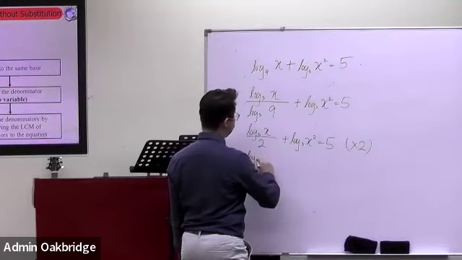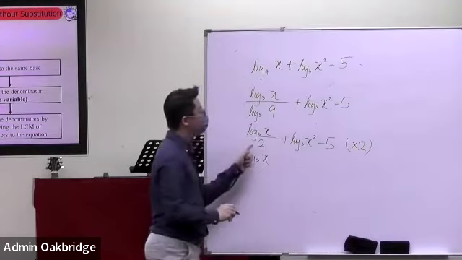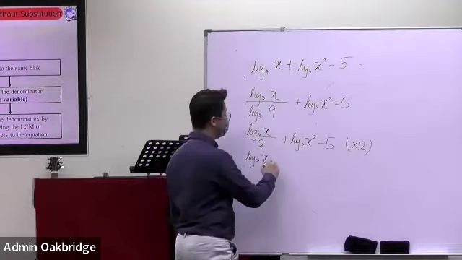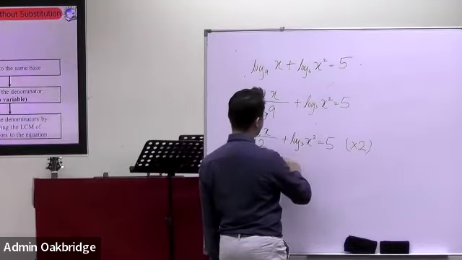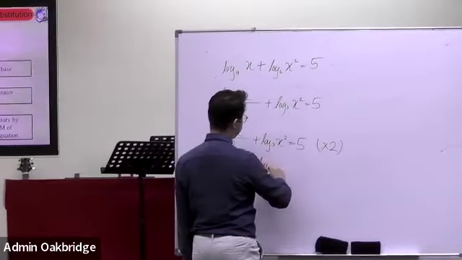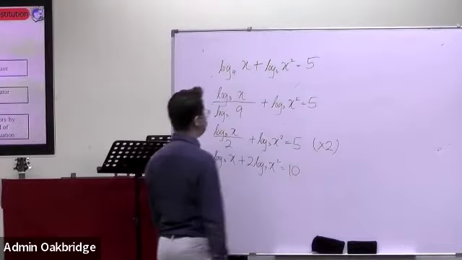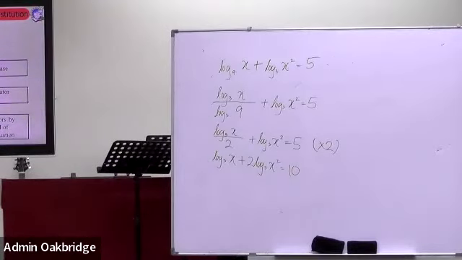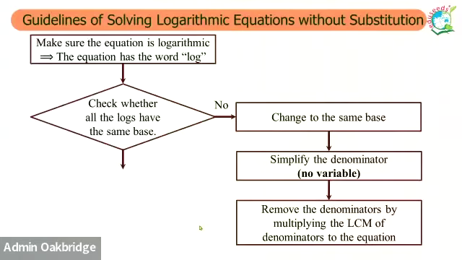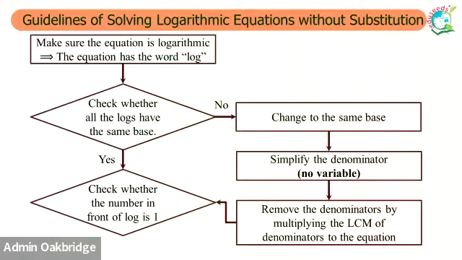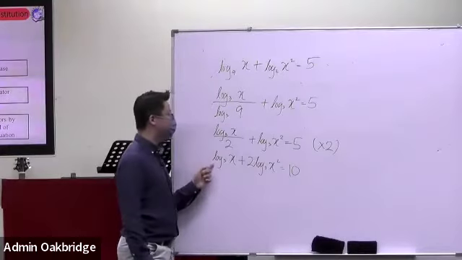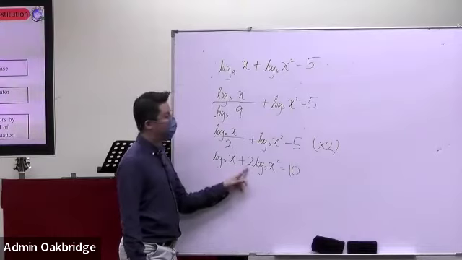So you have log base 3 of x, right? Now no more denominator. And this one, you have 2. And this one is 10. Okay, now let's go to the next step. Next step is you want to check whether the number in front of log is 1 or not. We have 2 log terms here. This one, the number in front of log is 1. Okay, no problem. But this one is 2.